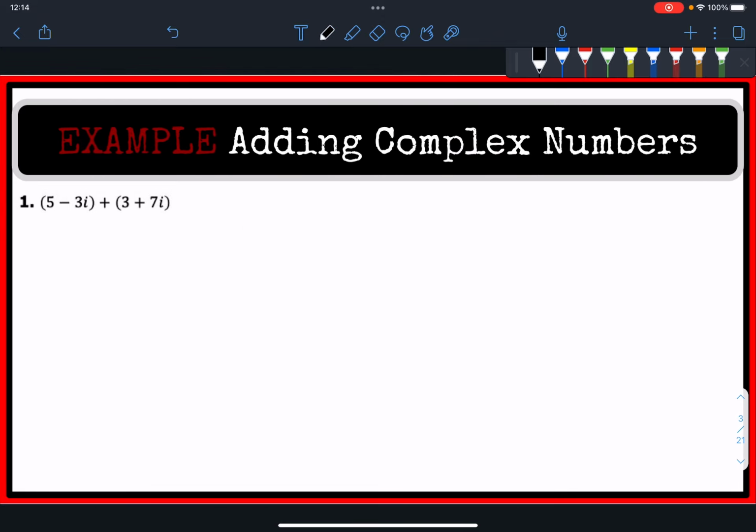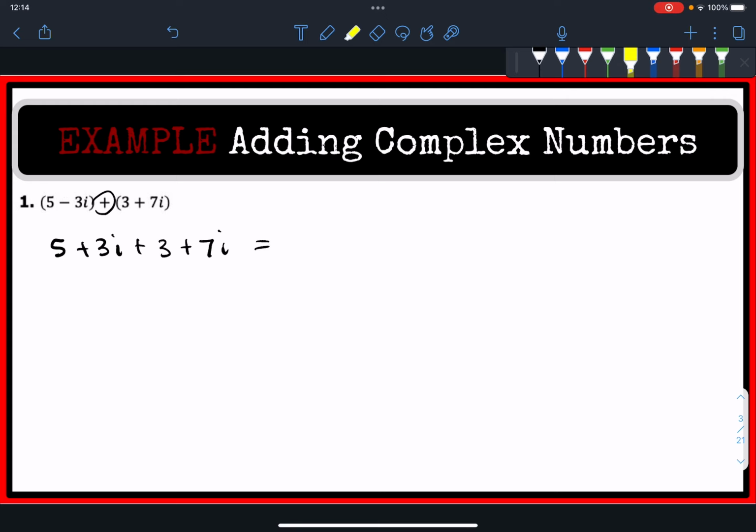Well, to add complex numbers, we essentially just follow the same rules of adding any polynomial, in this case any binomial. So we can drop the parentheses since we're adding here, and then simplify this by just combining like terms.